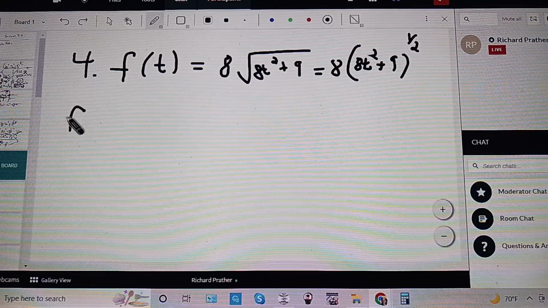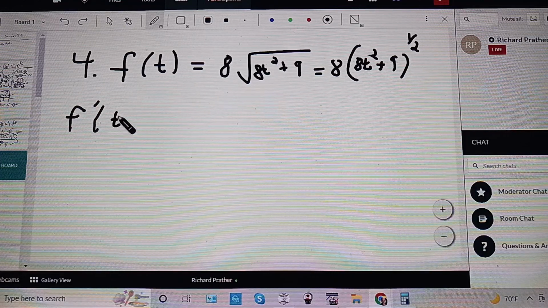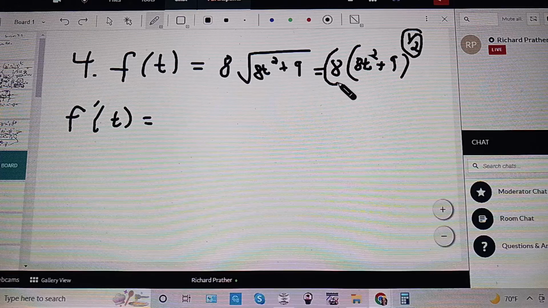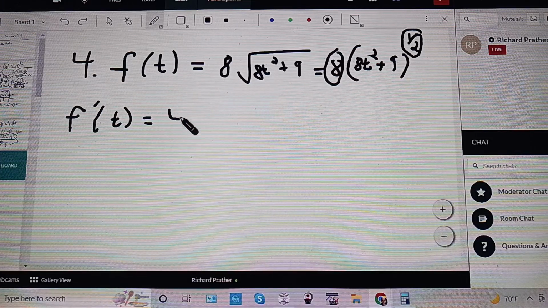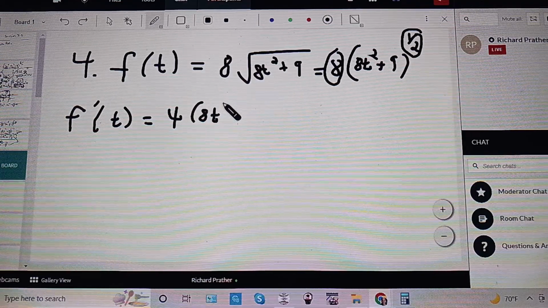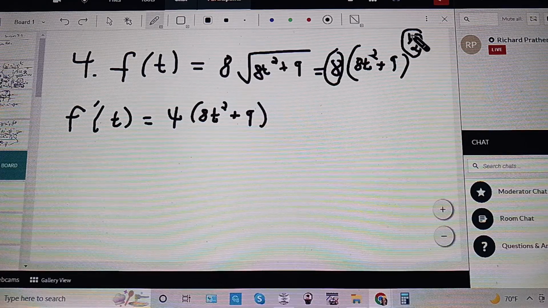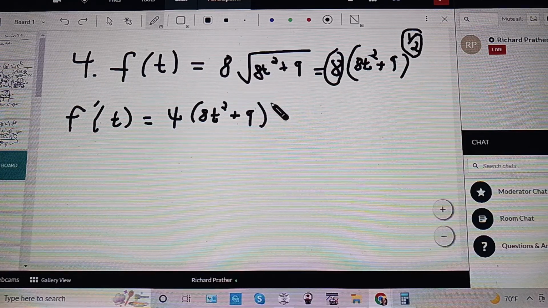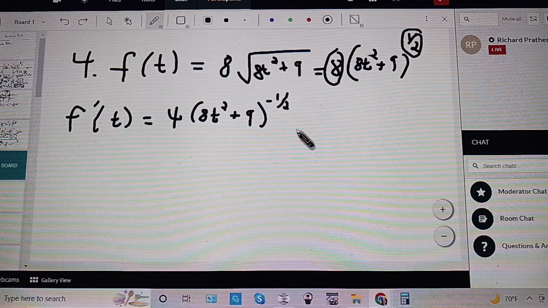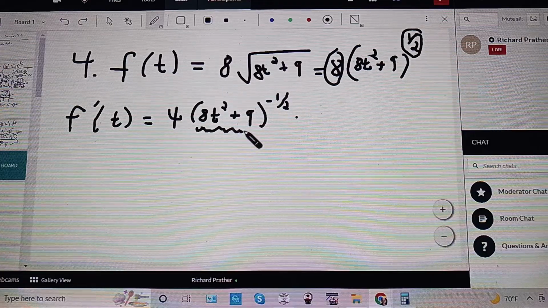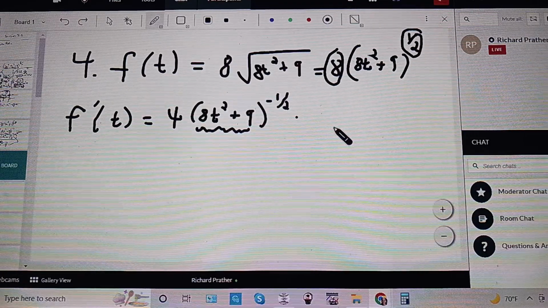So the derivative of f of t is f prime of t. Do the power rule first. Exponent times constant. 8 times 1/2 is 4. Then you rewrite the base, which normally used to be just a t, but now it's more stuff than just a t. And then you decrease the exponent by 1. 1/2 minus 1 is negative 1/2. And then times, if the base has a derivative of anything other than 1, then I need to attach something onto it.